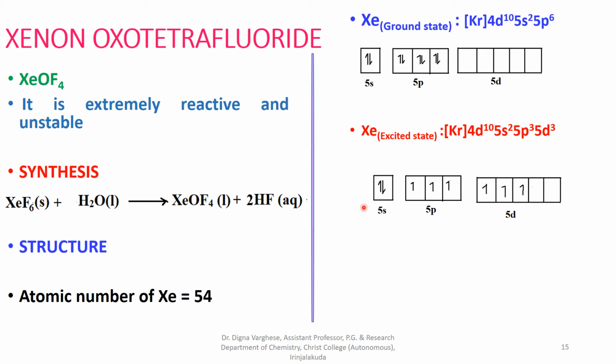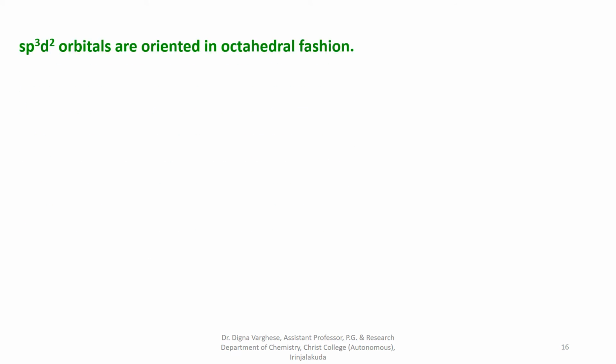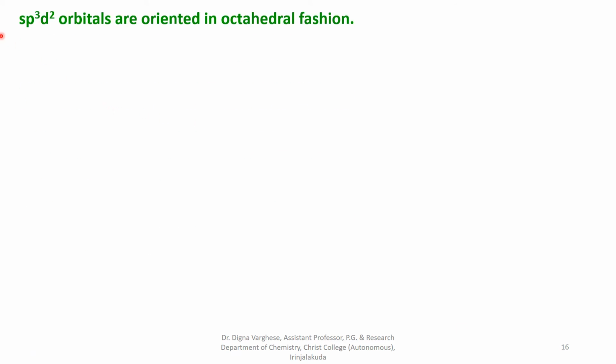The 5s orbital and the 3 5p orbitals and 2 of the 3 5d orbitals of xenon mix among themselves with redistribution of energy to yield 6 new sp3d2 hybrid orbitals. The 6 sp3d2 orbitals are oriented in octahedral fashion making an angle 90 degree.